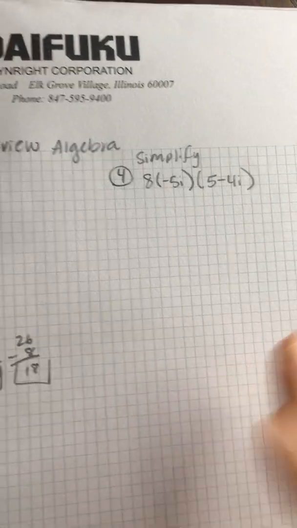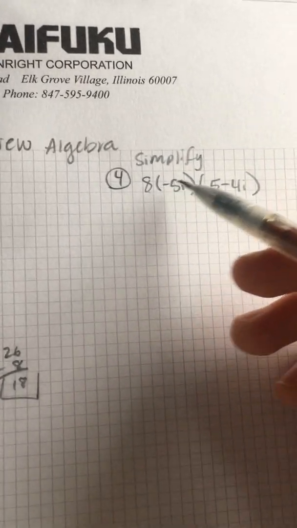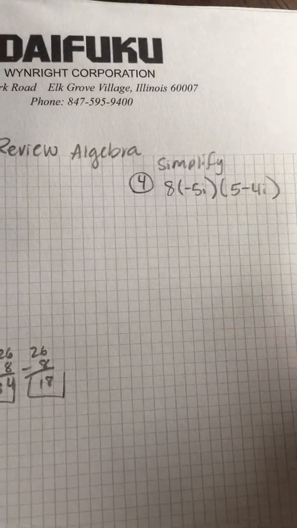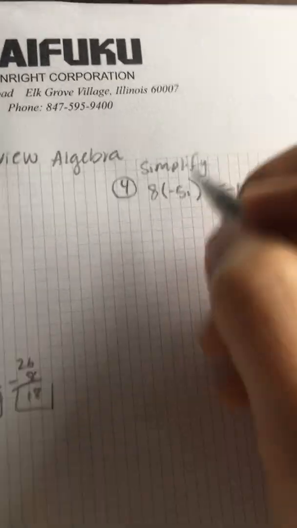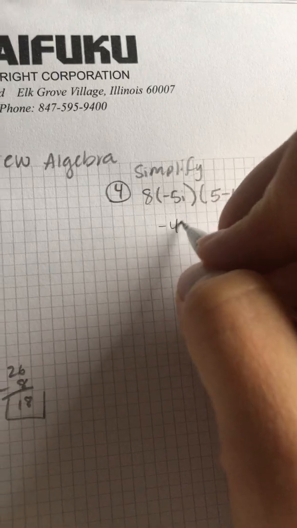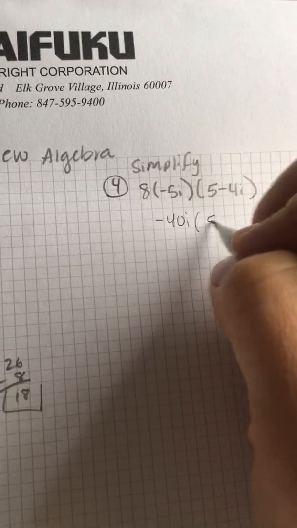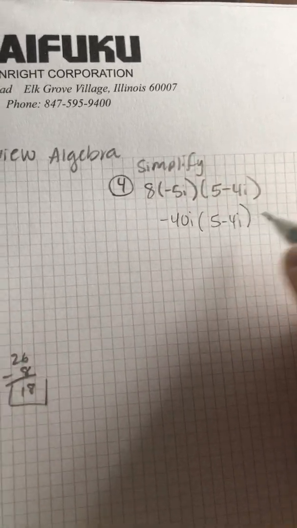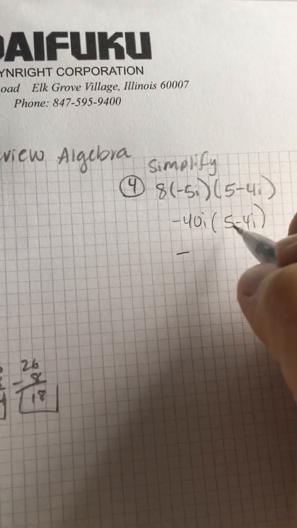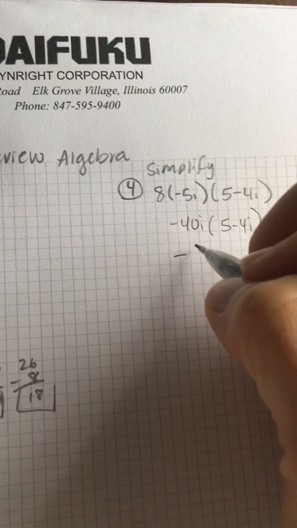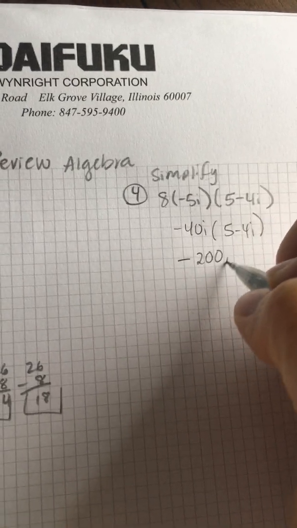Number 4, I am asked to simplify. I recognize that I'm multiplying with imaginary pieces, and that these are just monomials. I'm going to put those together first and say negative 40i times the quantity of 5 minus 4i. So negative 40i times 5 is going to be negative 200i.